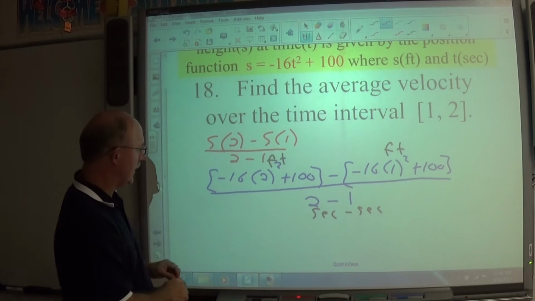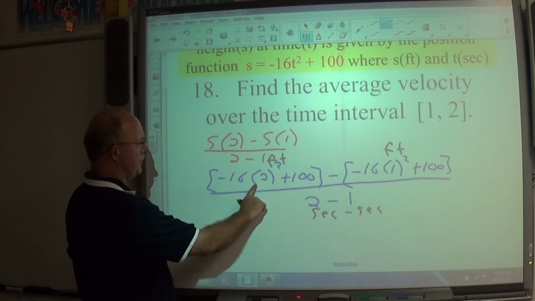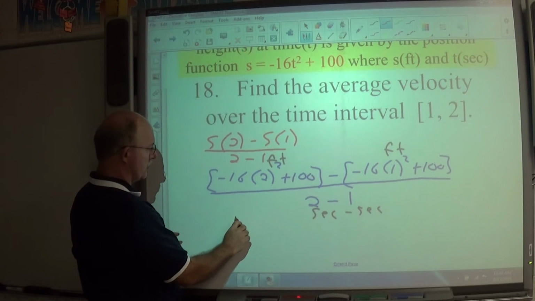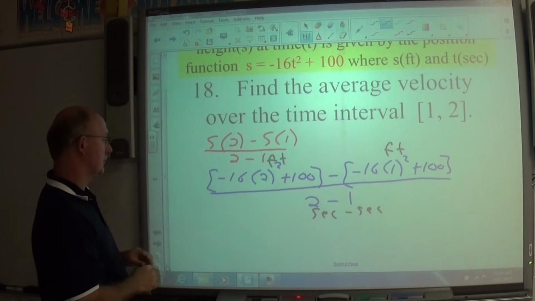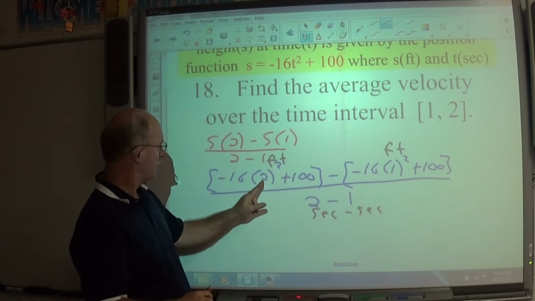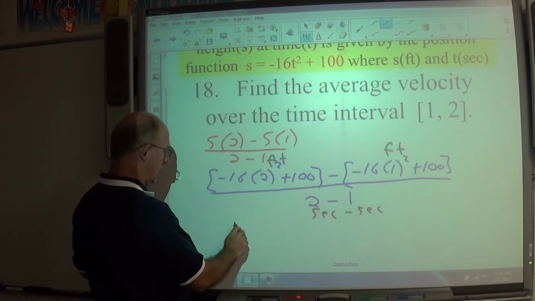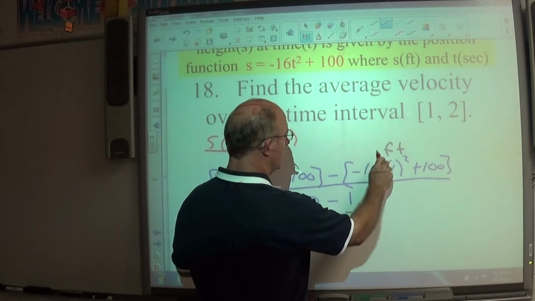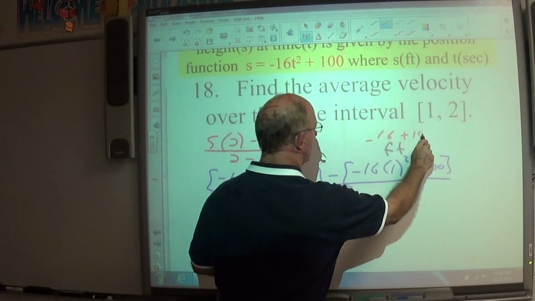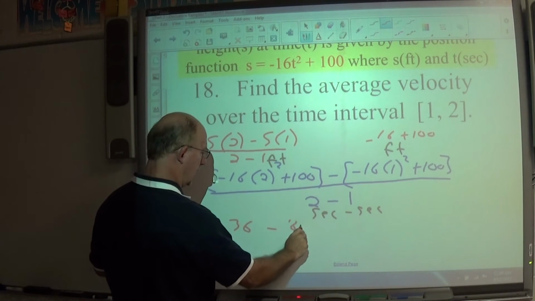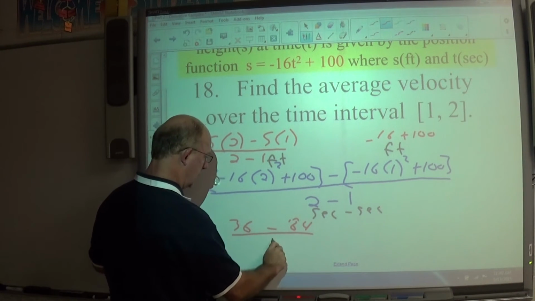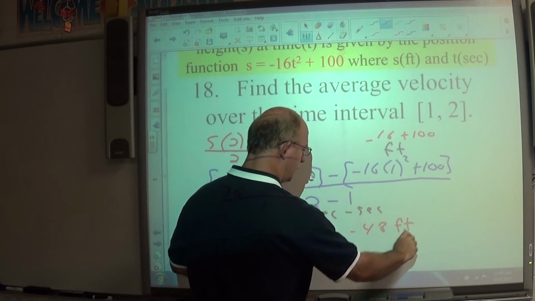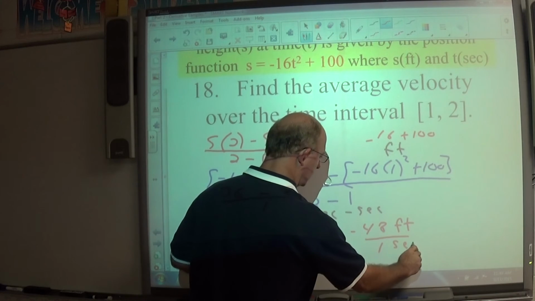Okay, let's see what we have. 16 times 4 would be 64, plus 100 would be 36, minus, okay, this would be negative 16 plus 100, which would be 84, so minus 84, divided by 1, which would be negative 48 feet per 1 second.